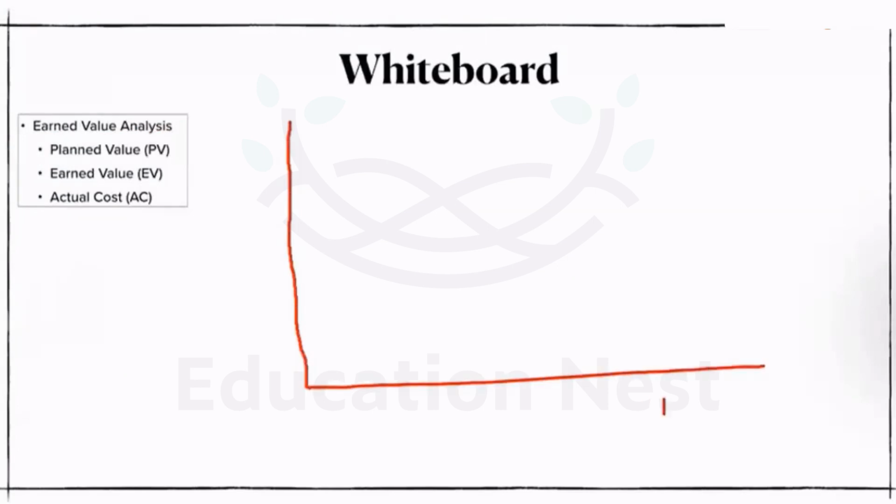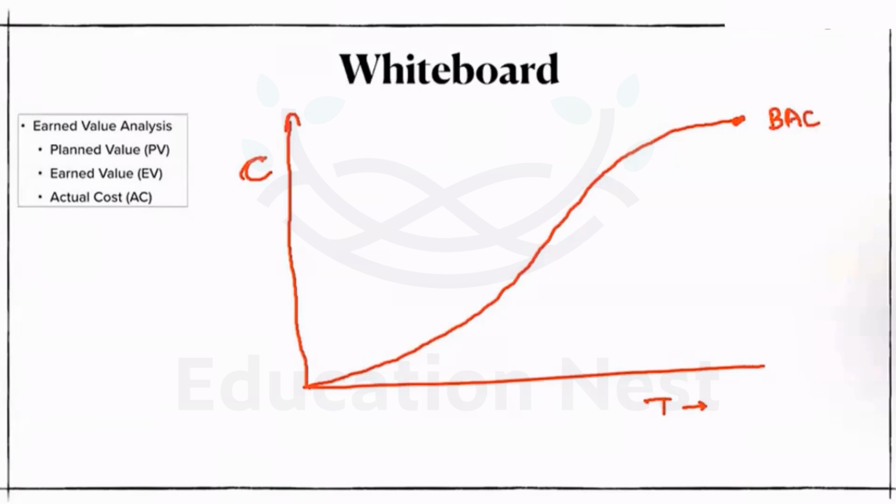We have time again. You have to memorize this chart by heart. We have the cost, I'm calling it C here, and then we have a beautiful S curve, and here we have the BAC that we learned, and then the budgeted actual cost here, and then this.